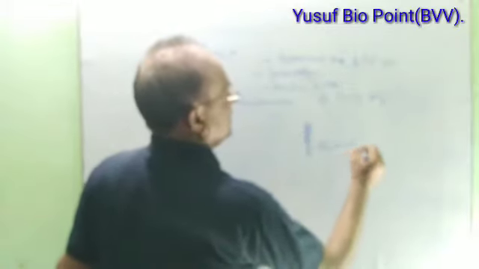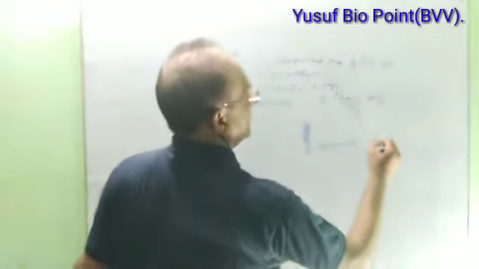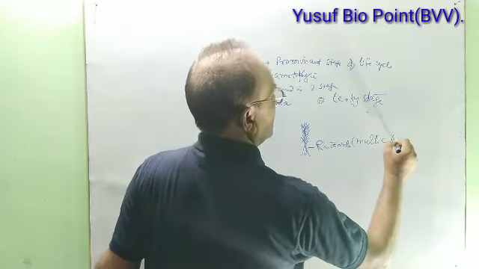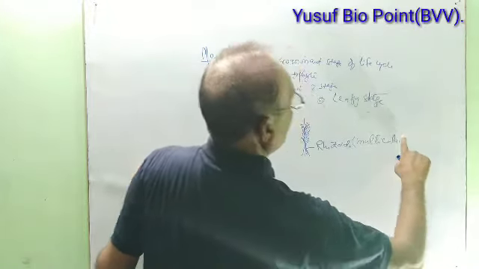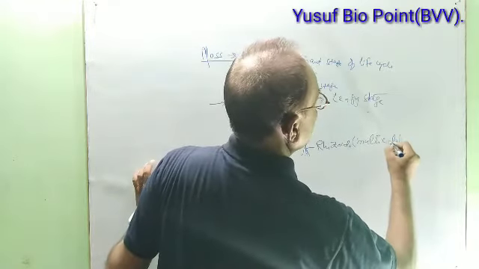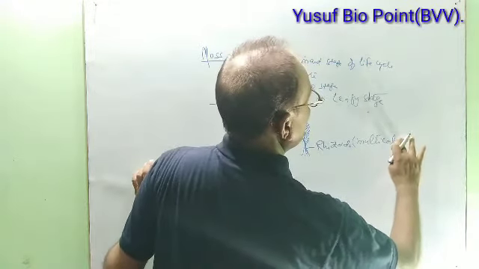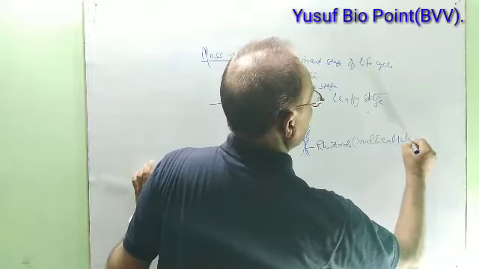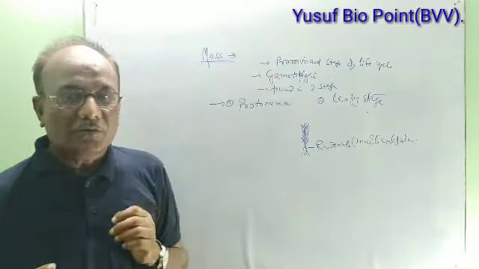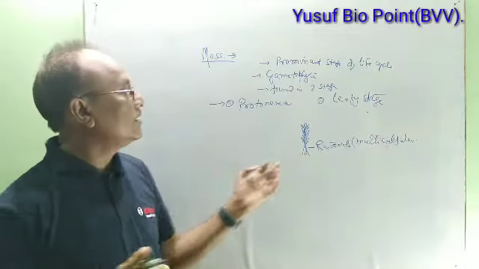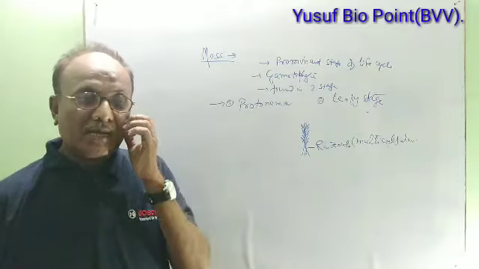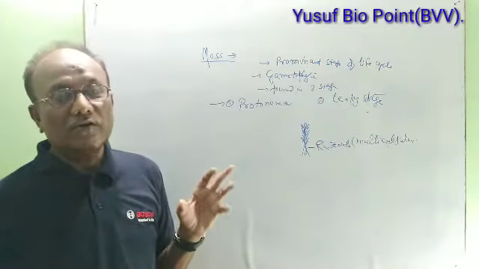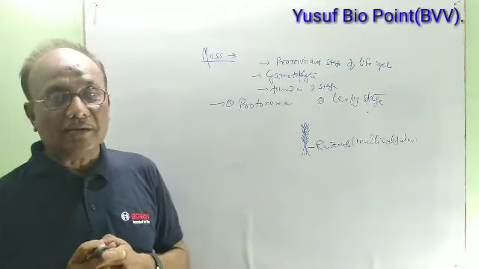The rhizoids are multicellular and attached to the substratum, from where the plant sucks its food, water and minerals.